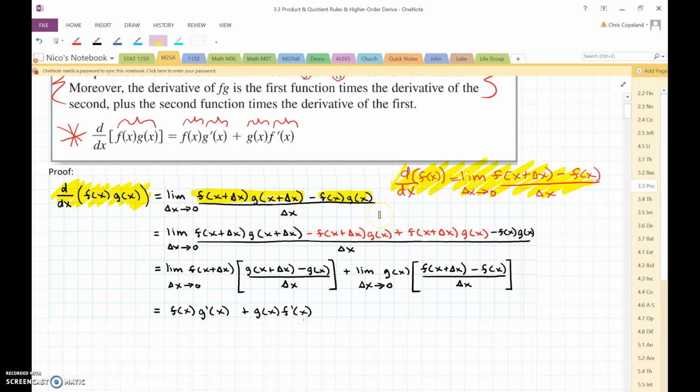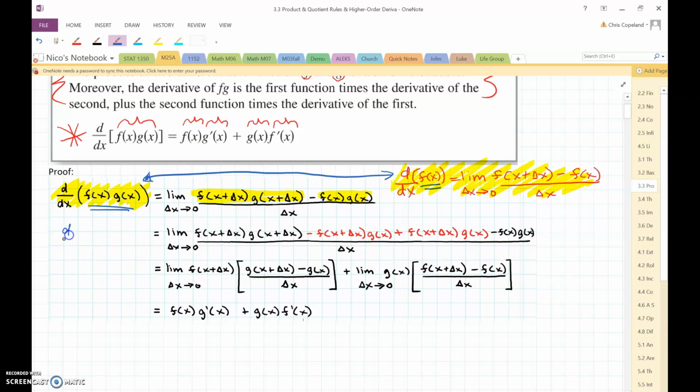Hopefully that makes sense, how we're going from this derivative to this one, because the function of this one is just f of x, the function of this one is f of x times g of x. So that's step one.